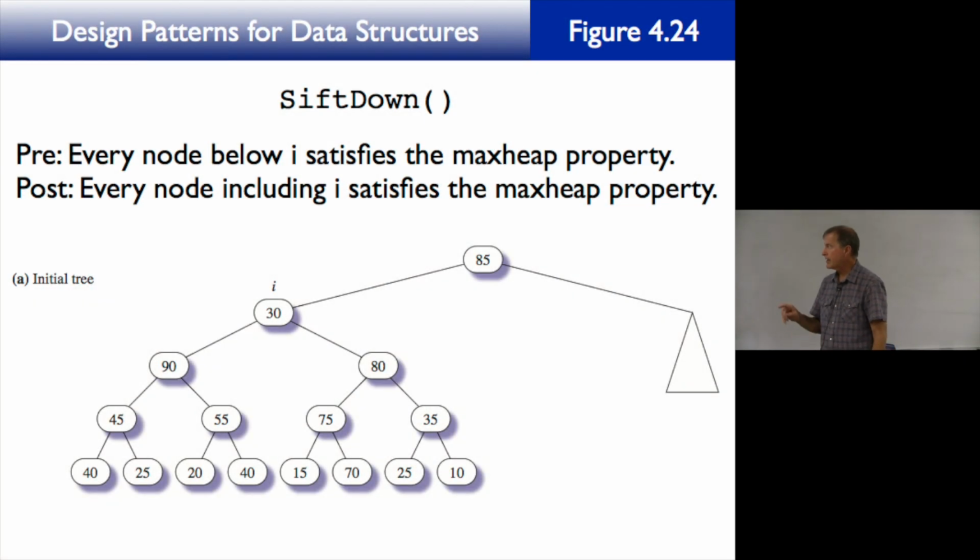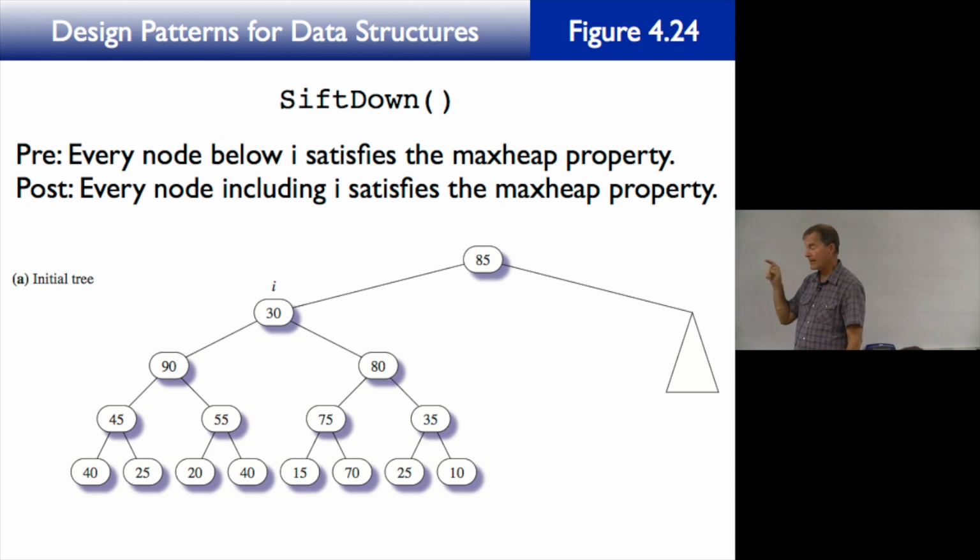Now actually, let's go back here to figure 4.24. So the question is, I gave a little guidance in the homework assignment for this variable called done that I recommend you use. So let's take a look at figure 4.24 and review exactly what sift down does. So you see in part A of the figure, we are sifting down starting at 30.